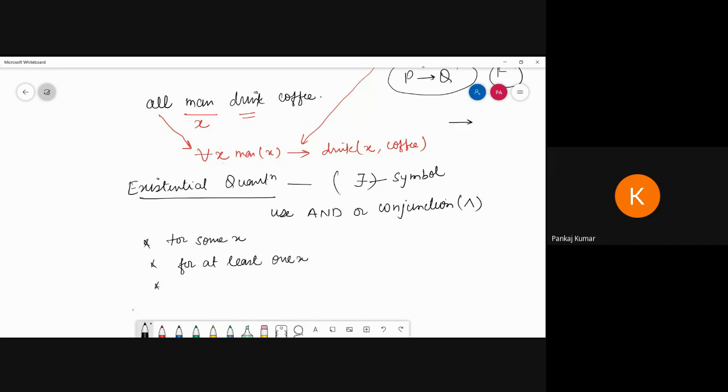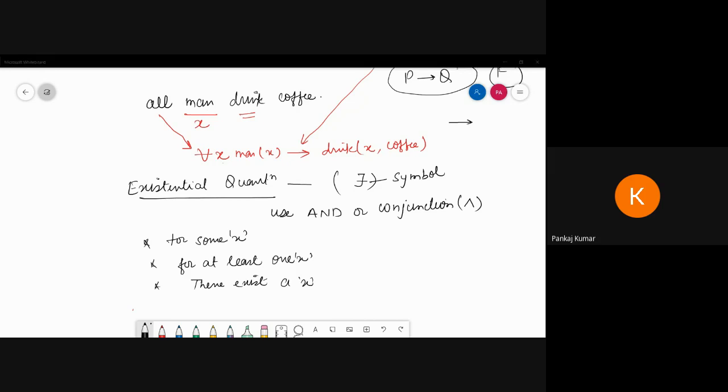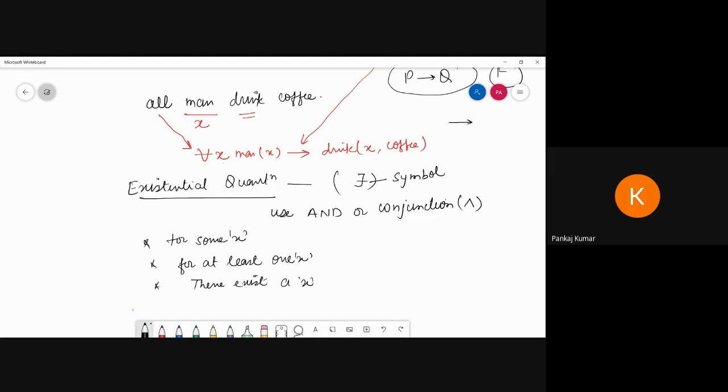And the last one, how can I read it? There exists an x, we can say that. These things are very important: how to read the additional quantifier: for some x, for at least one x, and there exists an x. On the basis of this we can perform the task.